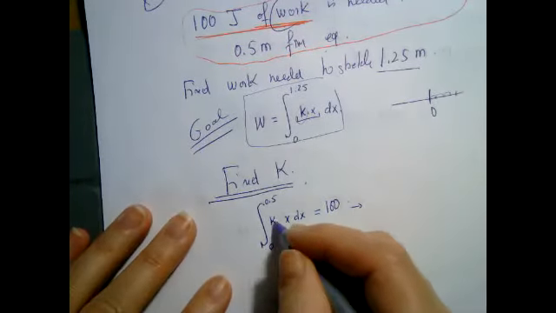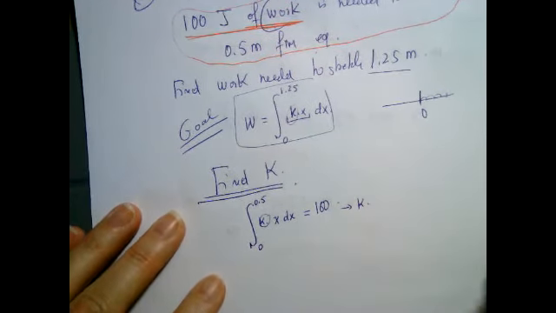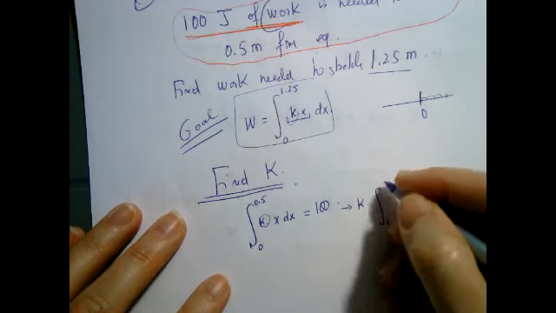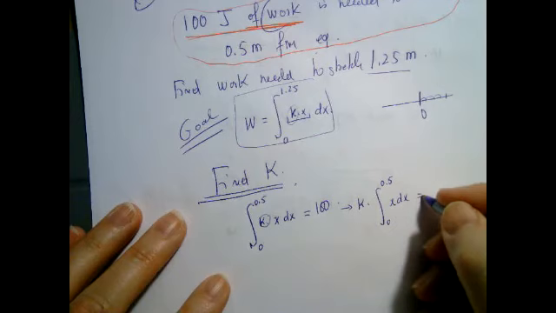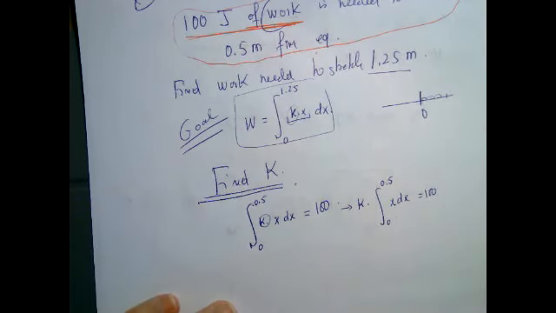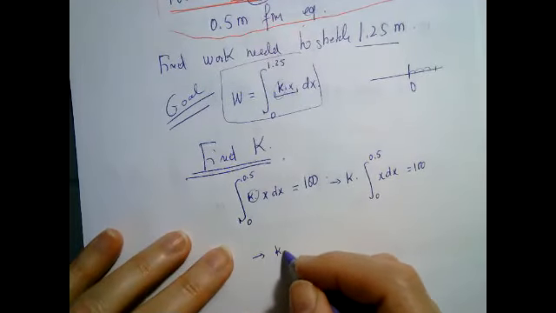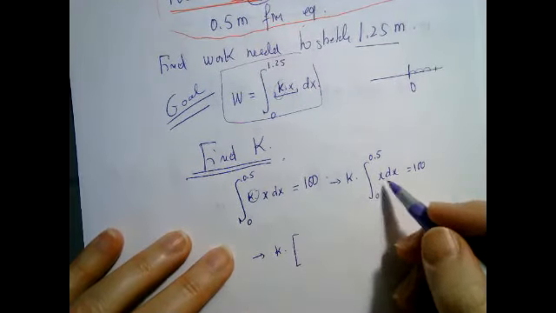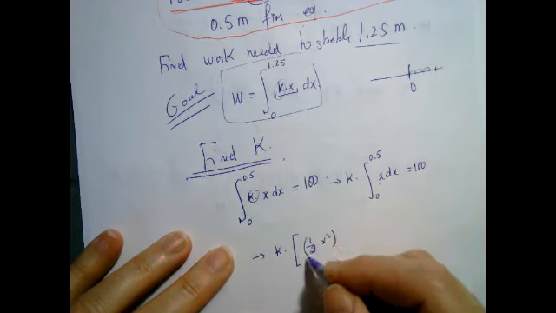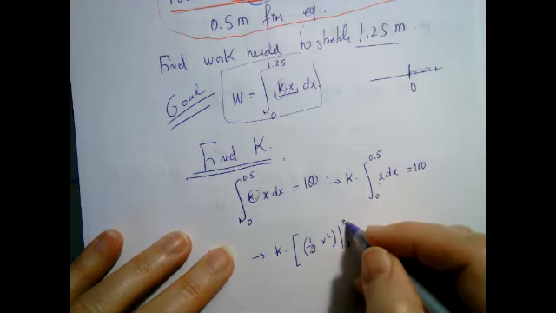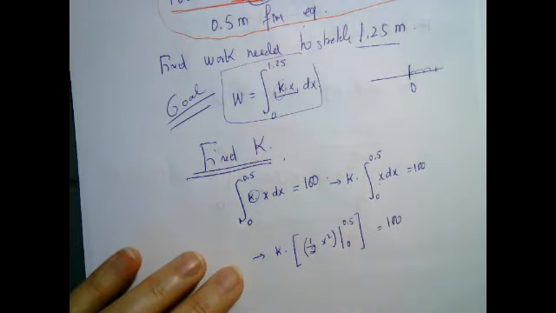My k is a constant, so I can pull it out, and I am left with the integral of x dx equal to 100. So it gives me k times the antiderivative of x, a half x squared, evaluated between 0 and 0.5. This is equal to 100.